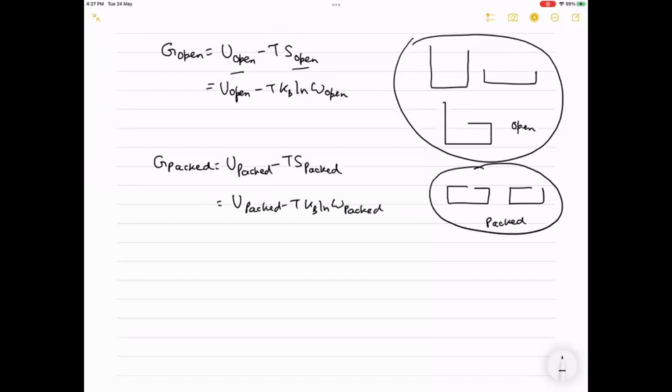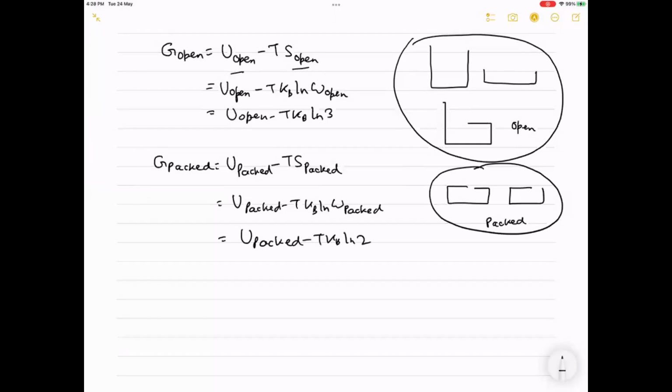So here I can clearly see how many open configurations are there. How many open configurations do we have here in this problem? Anyone? 3, right? So here this will be U open minus T kB ln 3. Similarly, if I look at this one, this will be U packed minus T kB ln 2, right?